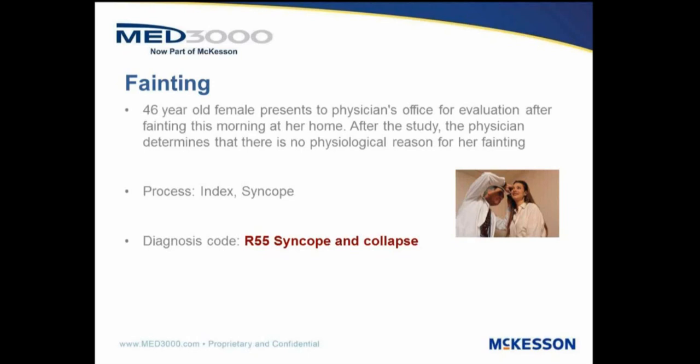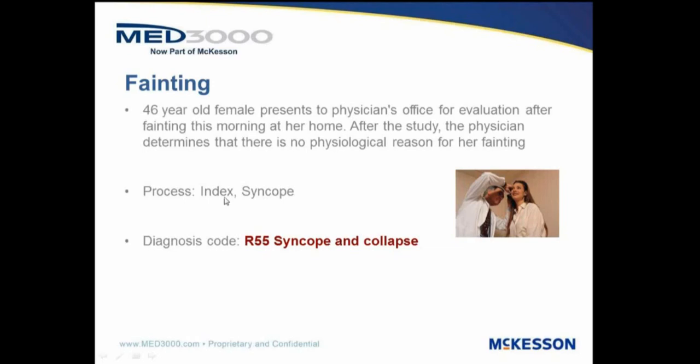If we had a 46-year-old female in this particular scenario, she presents to the physician's office for evaluation, had fainting this morning at home, and after the study, the physician determines that there was no reason that he could find for her fainting. So he's coming up with his diagnosis code.